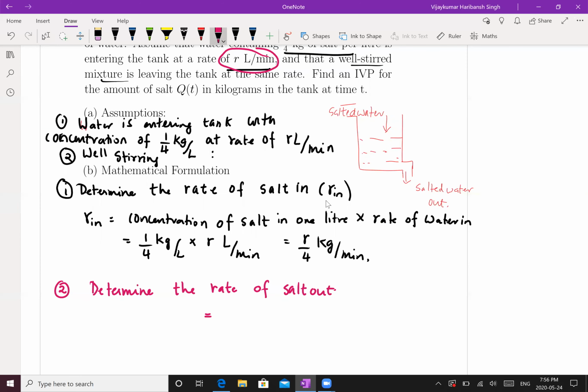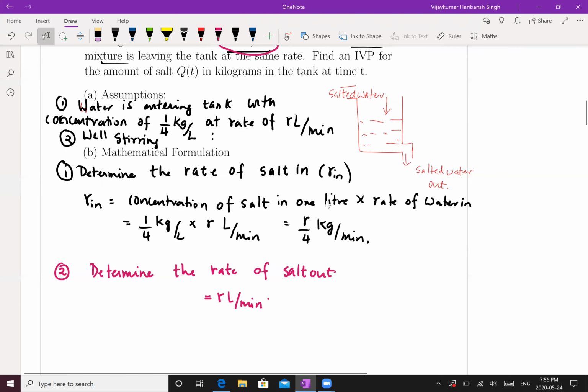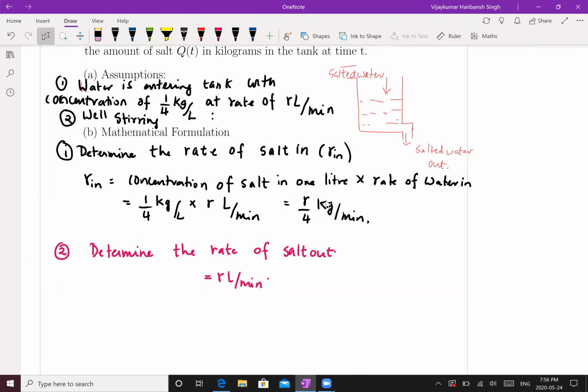So it's R liters per minute, multiplied by the concentration of salt. The water is well mixed, so multiplied by the concentration of salt in the tank.